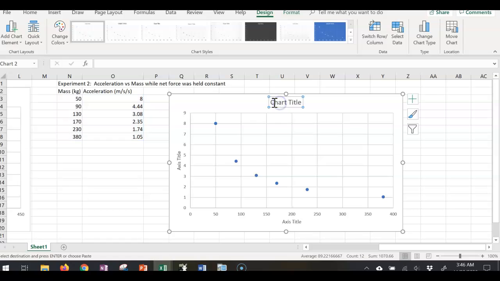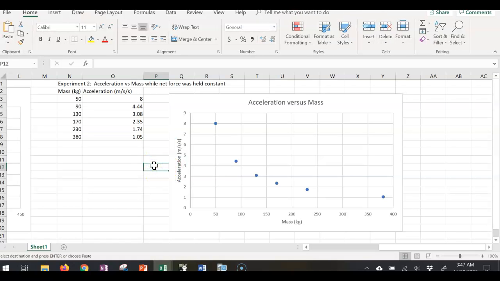And let's go ahead and nicely label this. My independent variable was mass in kilograms. Dependent variable was acceleration. Okay.